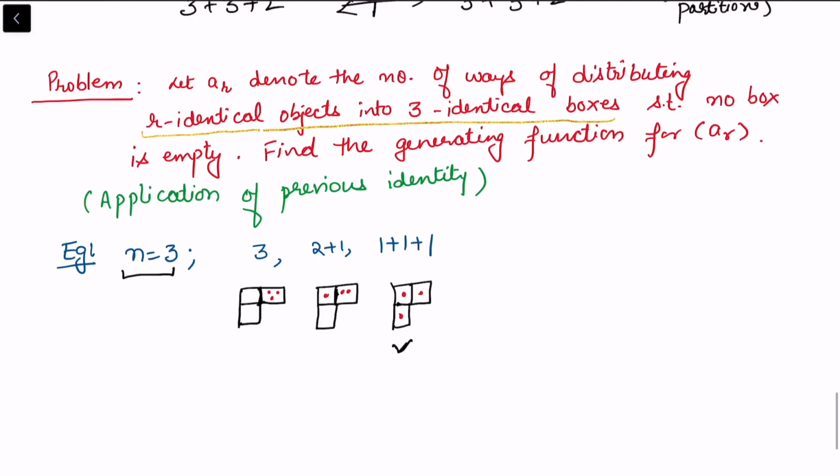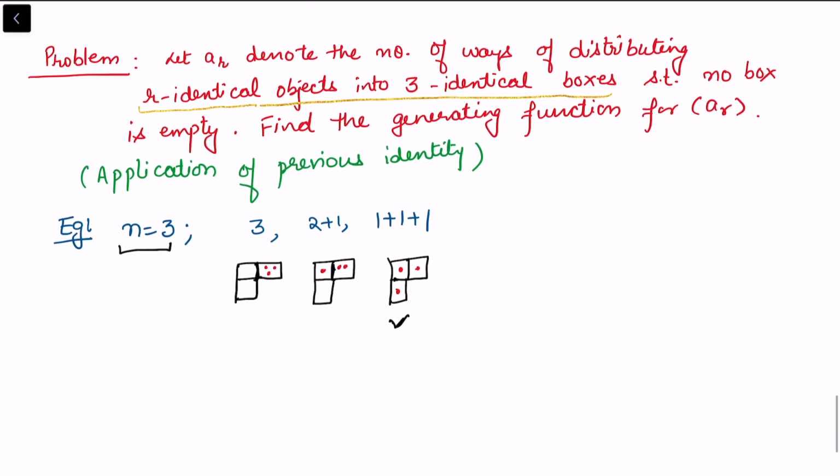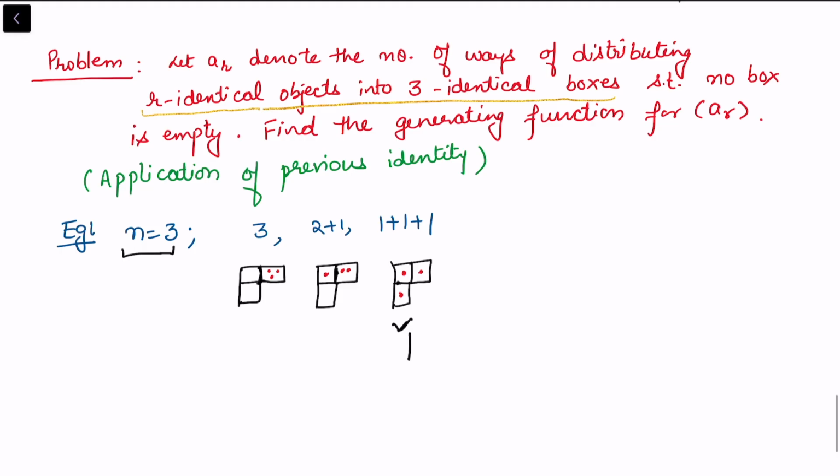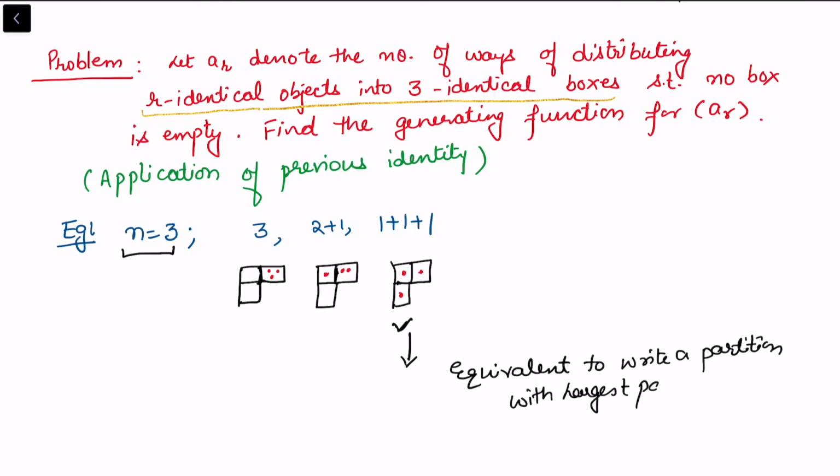So for this problem, the case 1 plus 1 plus 1 is, from the previous understanding, equivalent to writing a partition with the largest part as 3, because when I take its Ferrers diagram and take the conjugate of this partition, what will I get?